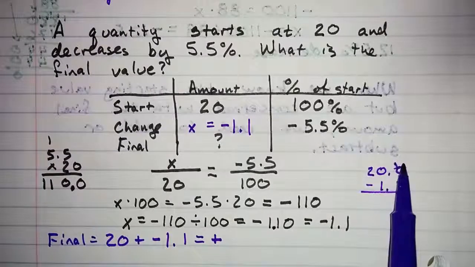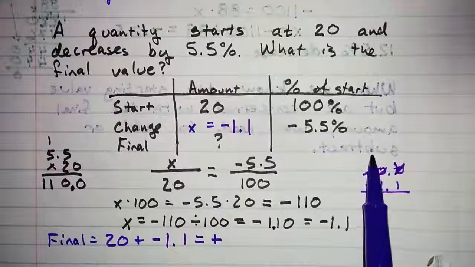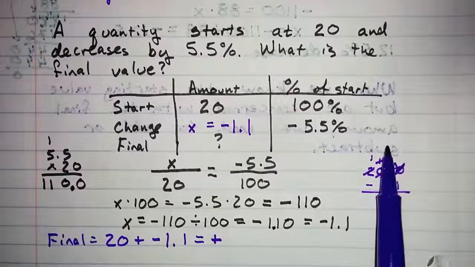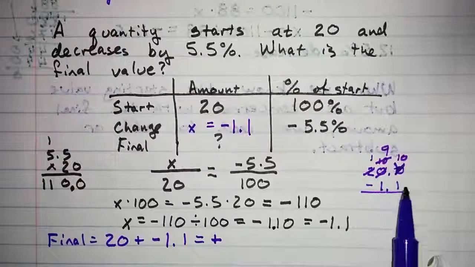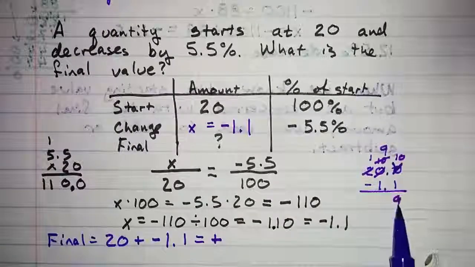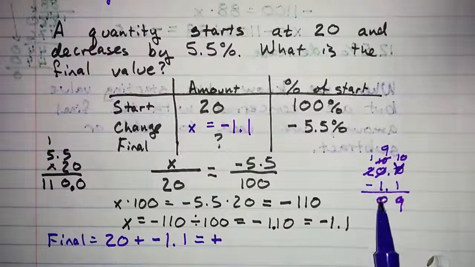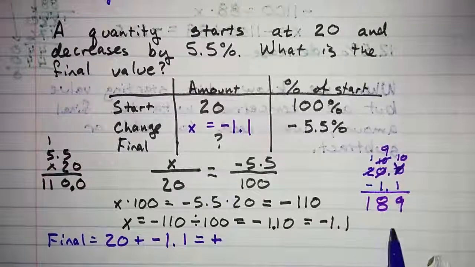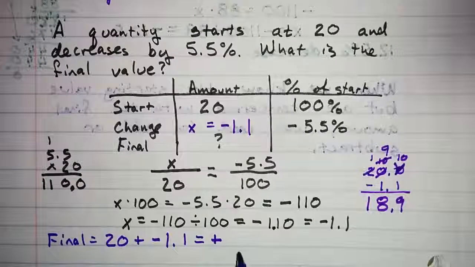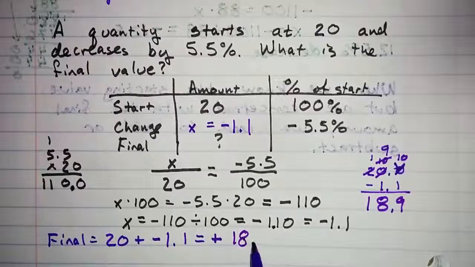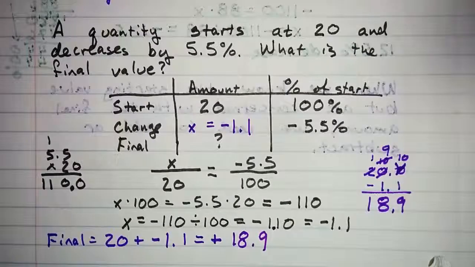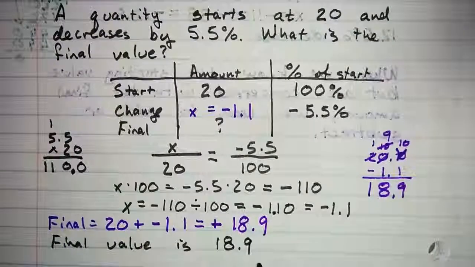Gotta borrow. 10 borrow from the 10 makes 9, 10 left here. 10 minus 1 is 9, 9 minus 1 is 8, 1 minus nothing is 1, so positive 18.9. That's the final value, 18.9.